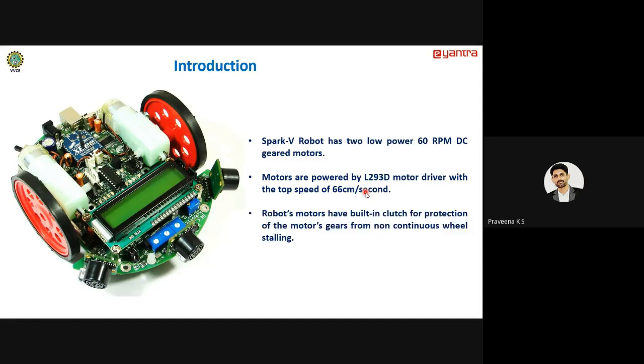And protection of the motor gears from non-continuous wheel stalling. So sometimes, even when the robot is off, we have a human tendency to simply rotate the wheels, and motor gears may get damaged.